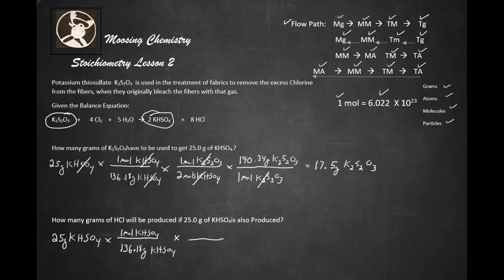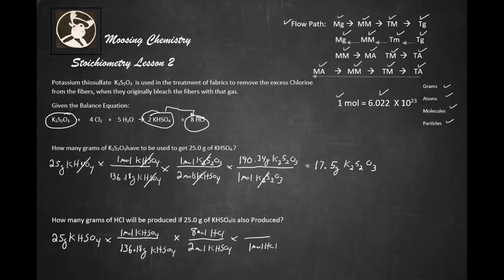So there are 2 moles of KHSO4, and we want to turn to HCl, so we're going to compare this one to that one. So we've got 8 moles of that. So we're going to put 2 moles of KHSO4 on the bottom and 8 moles of HCl on the top, times 1 mole of HCl on the bottom, because we're trying to find grams of HCl.